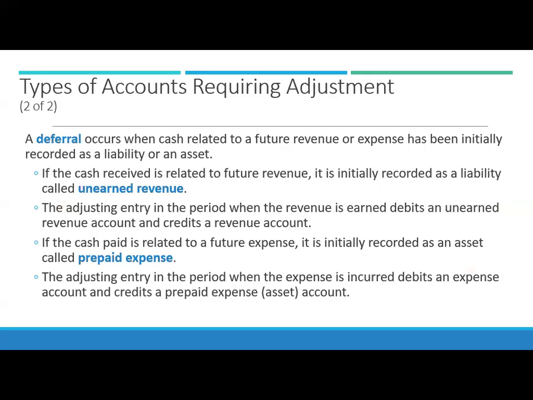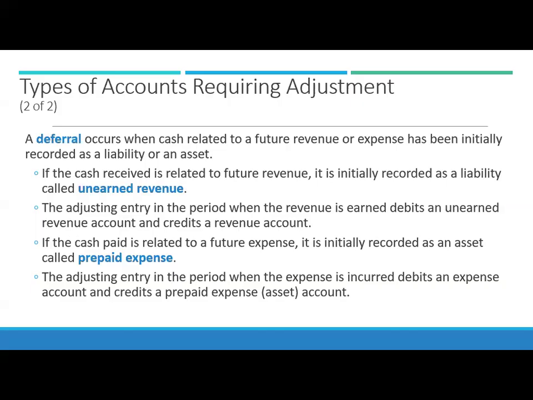There's also what's called a deferral, and that's when cash related to a future revenue or expense has been initially recorded as a liability or as an asset. And over time, or as events happen, that asset or liability goes down and then the revenue or expenses go up.